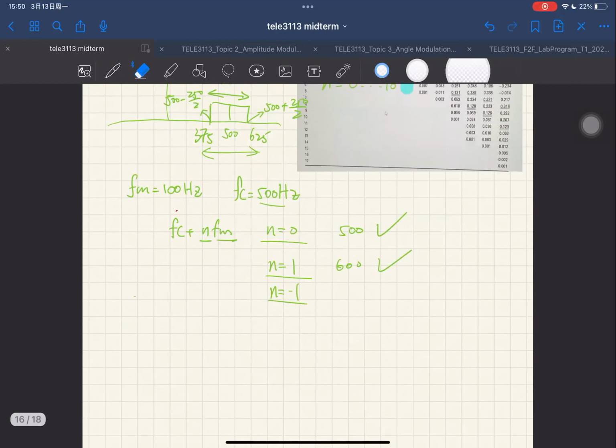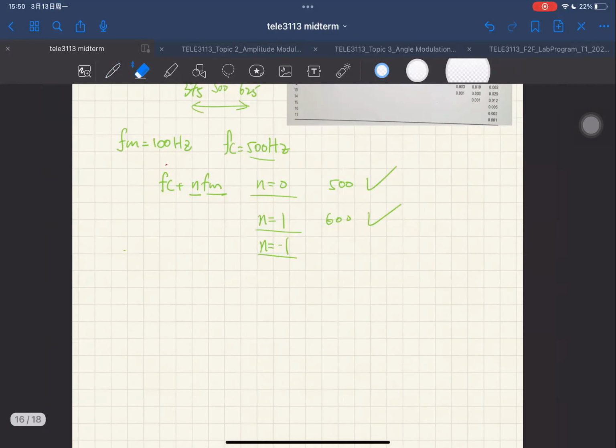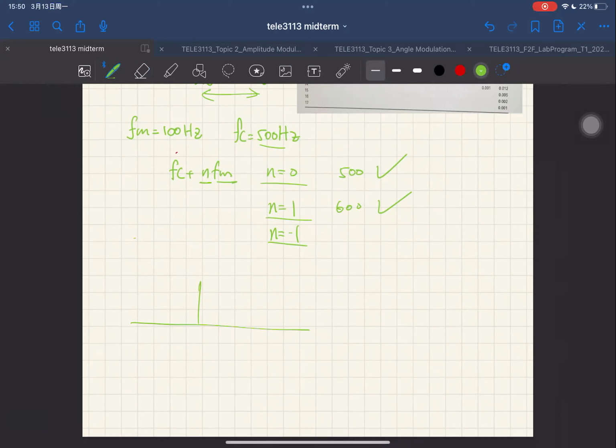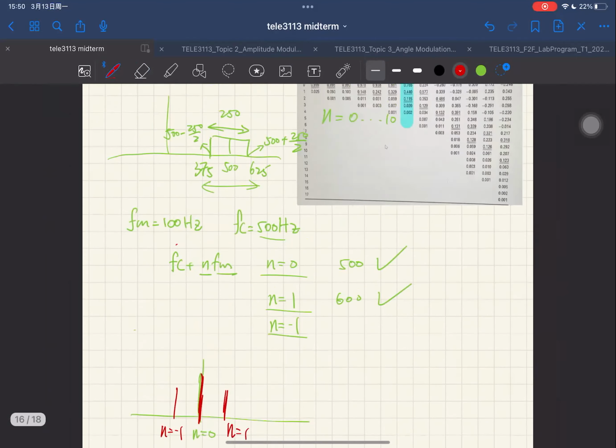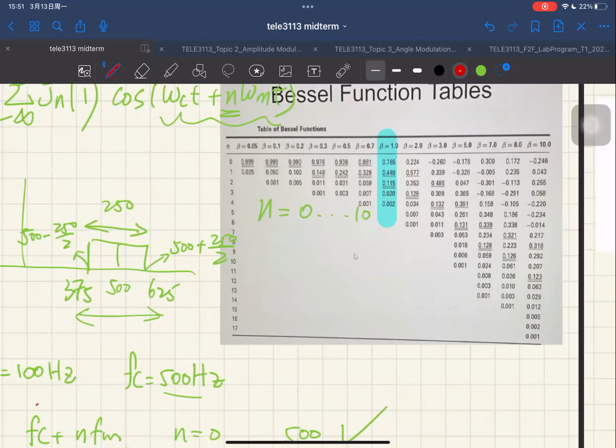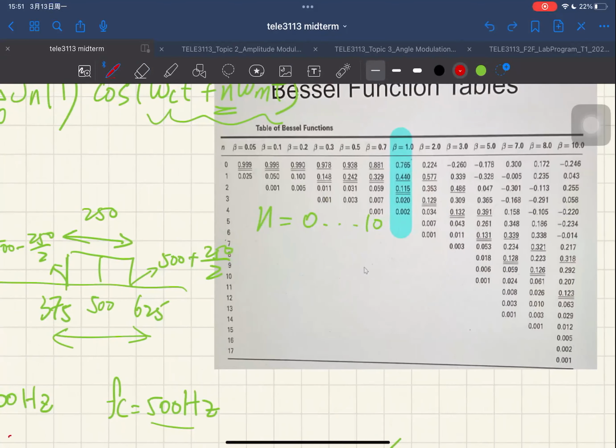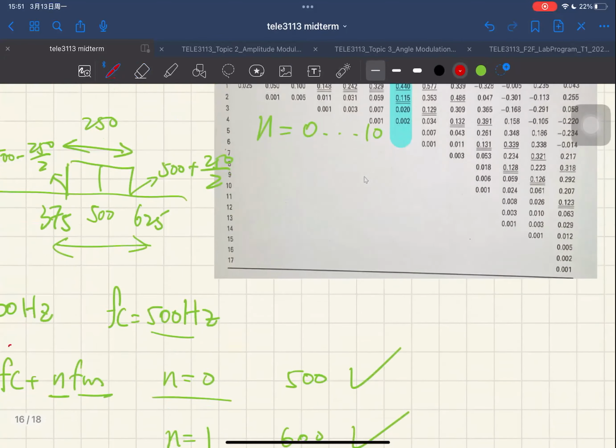So how is this frequency spectrum going to look like? We've got the n equals 0 case, the n equals 1 case, and the n equals -1 case, right? And what are the values for them? When beta is equal to 1, n equals 0, it's 0.77, isn't it?